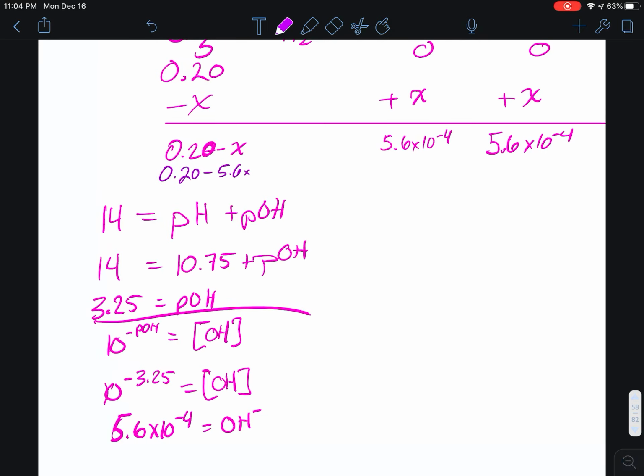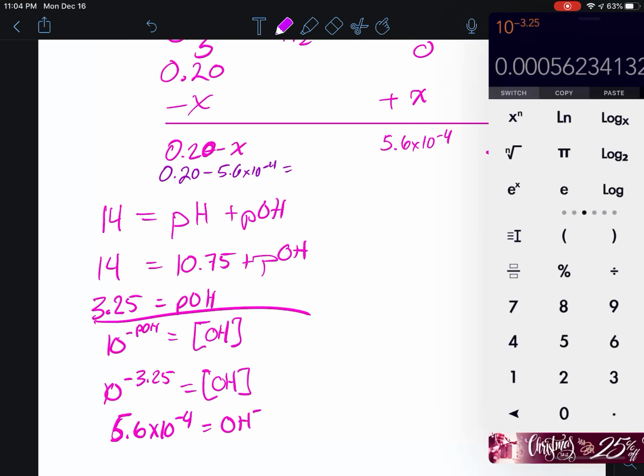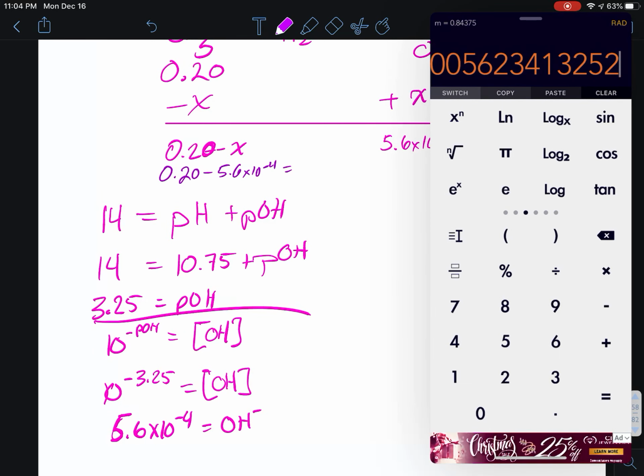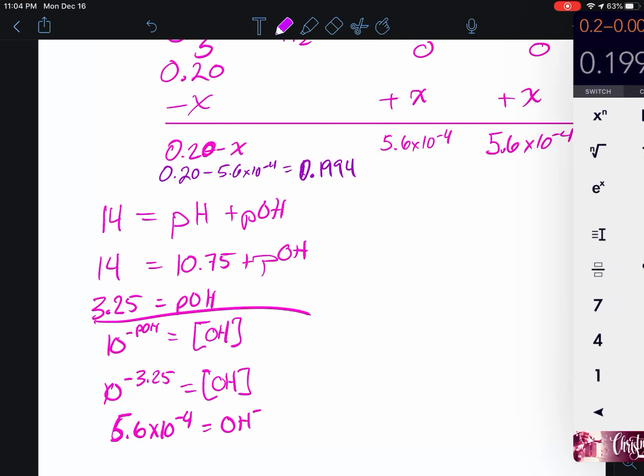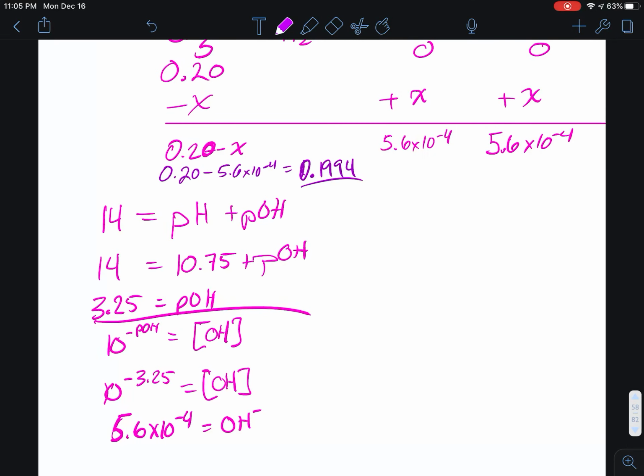I'm going to just change colors so we can show 0.20 minus 5.6 times 10 to the negative 4, which is going to give us, let's do that over here, 0.2 minus equals, well, almost no change, right? So 0.1994. We are doing some calculation here, so we could leave it as 0.1994 until we're done. We don't have to round right away. We can see that that's almost nothing.